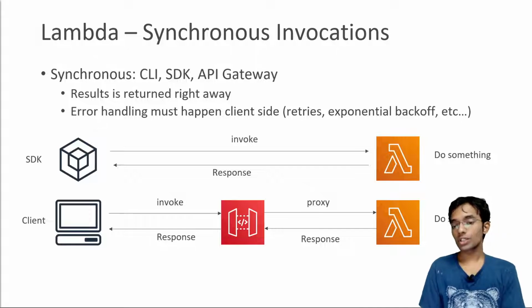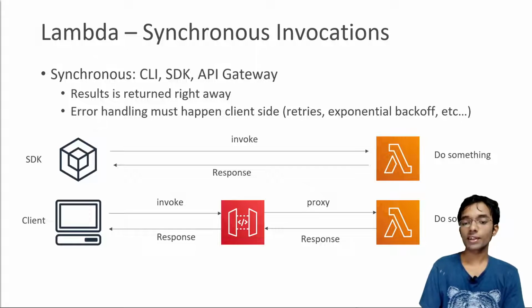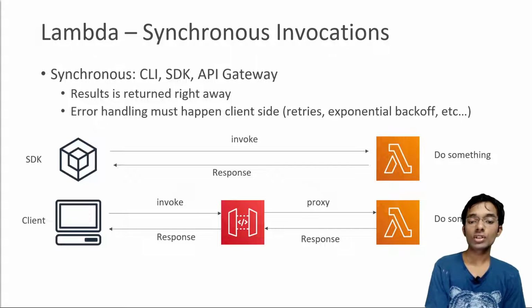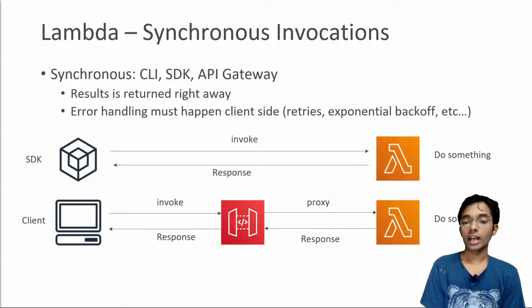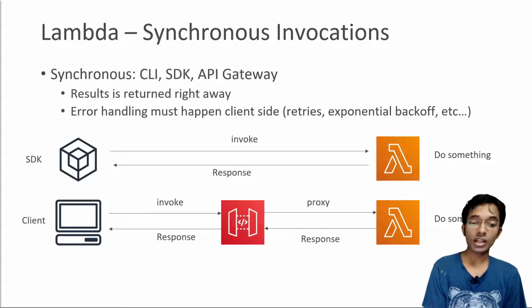Synchronous invocation means that whether you use the CLI, the SDK, or the API Gateway, you will be in a synchronous kind of invocation. That means that results will be returned to you right away, synchronously, so your code will be waiting for the results. If there is error handling that needs to happen, it needs to happen on your side, the client side. That means that if your Lambda function doesn't function correctly and you want to retry, it's up to you.